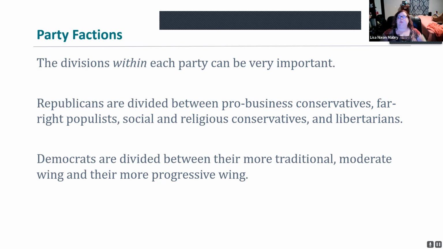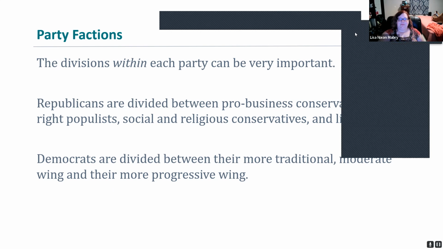But it's not just between Democrats and Republicans. There are actually factions within each political party as well, because it can't be simple, right? It has to be complicated, of course. That's just how our political system works. So we're going to talk about party factions now.